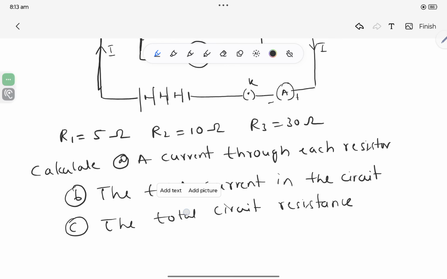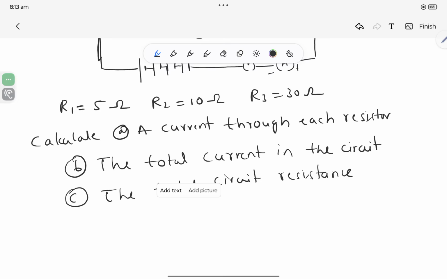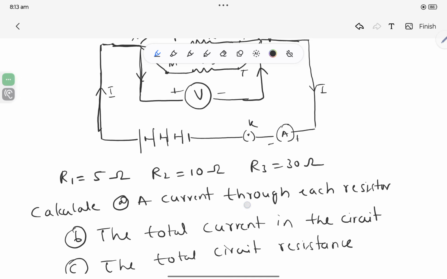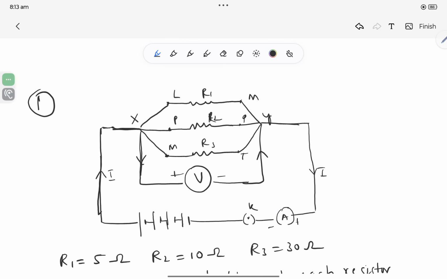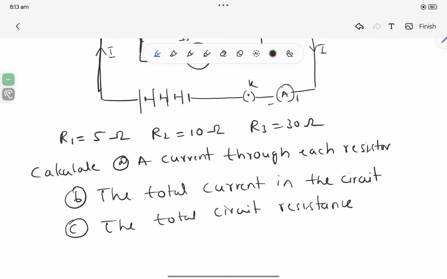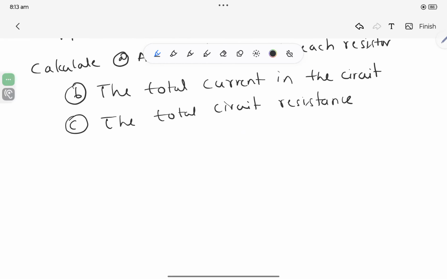First, you have to calculate the current through each resistor. When resistors are connected in parallel, the current in each branch is different: I1, I2, I3. According to Ohm's law, I1 is equal to V by R1.